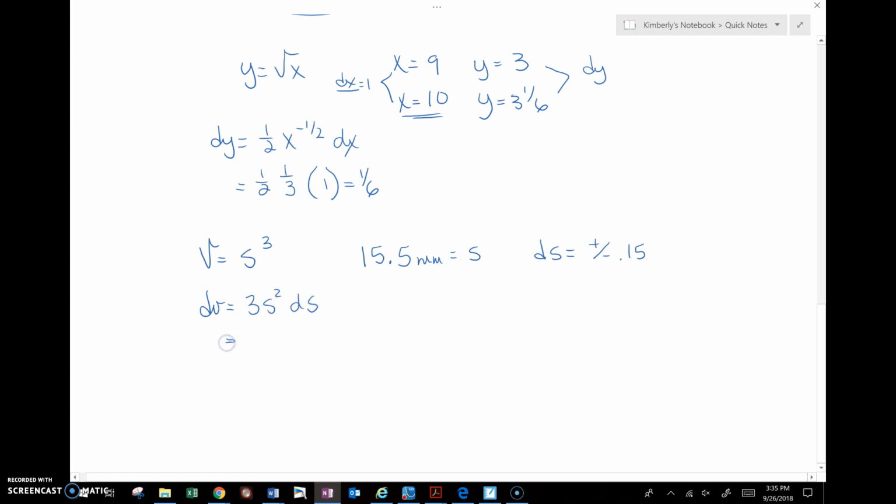And then we're going to plug in 3 times 5.5 squared times 0.15. I'm going to leave the plus or minus off, but I'm going to put it in my final answer. So if you multiply all that out, and I didn't bring a calculator, so hang on.